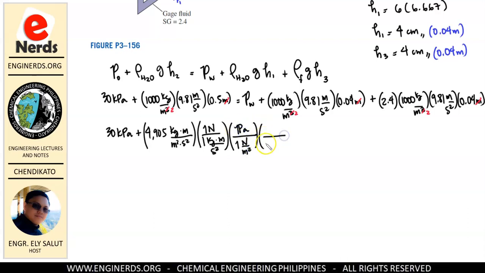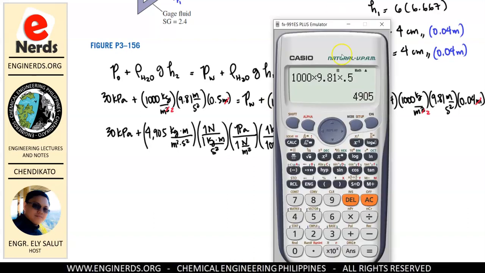Then 1000 Pascal is equal to 1 kilopascal. Okay? So ito pa lang yan, no? Nag-convert lang tayo. So this is equal to PW plus, we have 1000 times 9.81. So let's calculate for that.